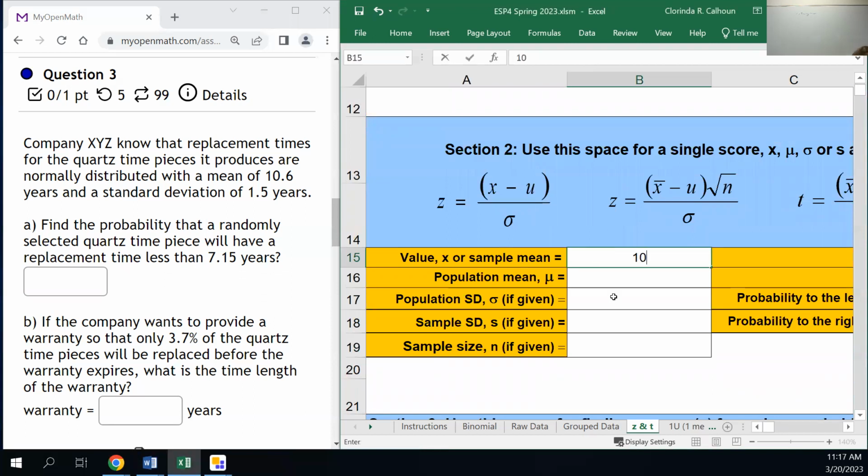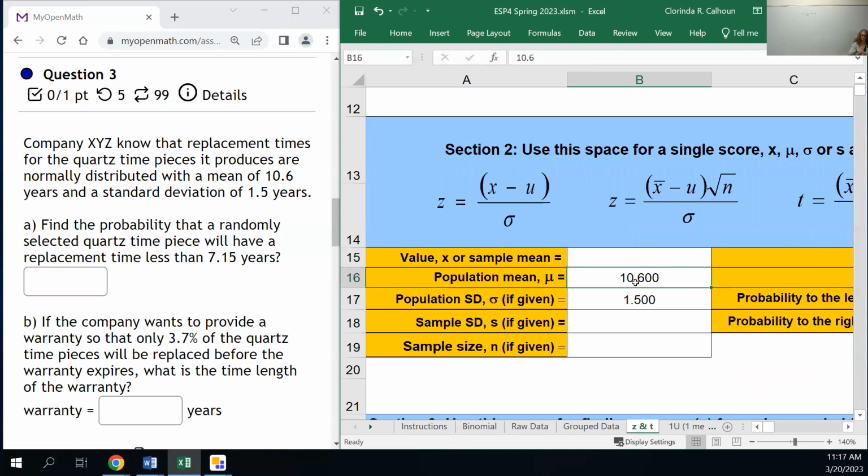You can type in your mean and your standard deviation, but let me finish reading this problem. Oops, put them in the wrong places. There we go. I wasn't paying attention.